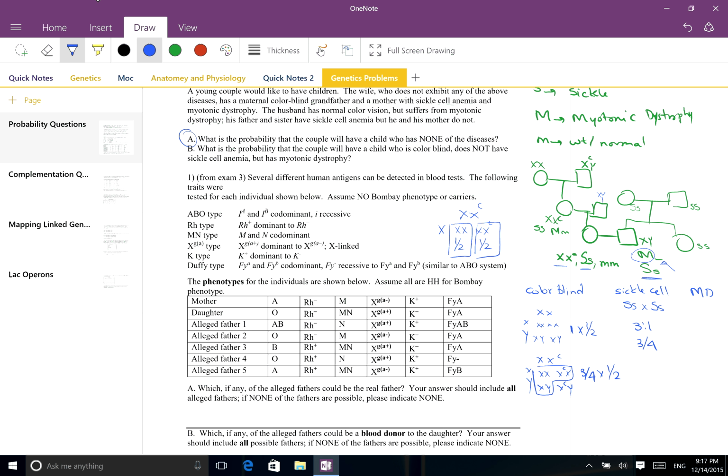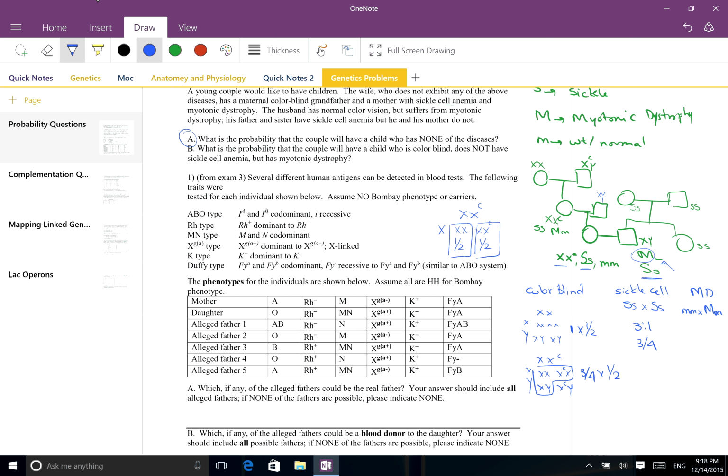As for myotonic dystrophy, we know that the mother is homozygote for the normal gene. The father could either be homozygote or heterozygote. If the father is homozygote, then all of the kids will have it, so 0 probability of having a non-affected child, so that's not going to factor into our probability.